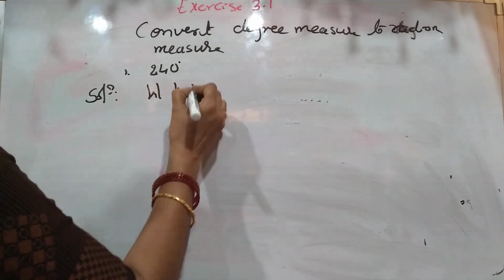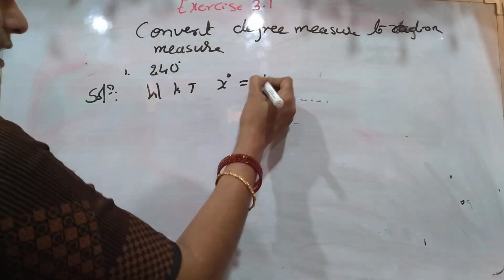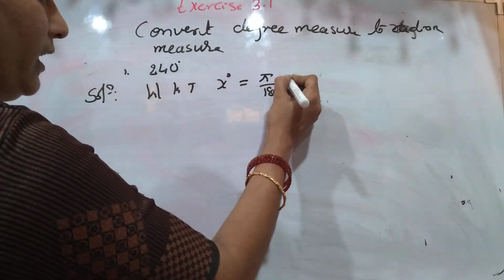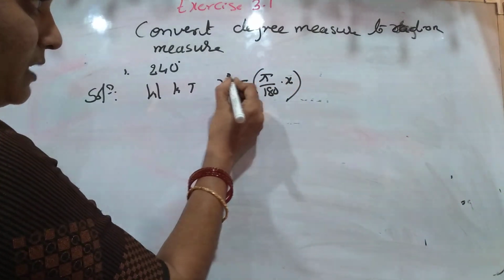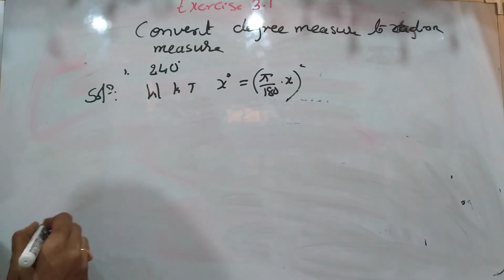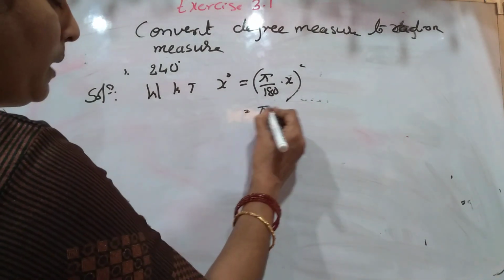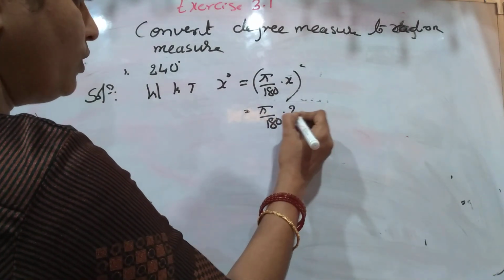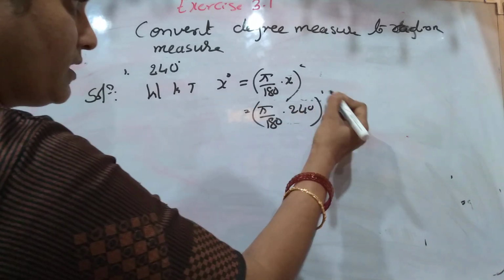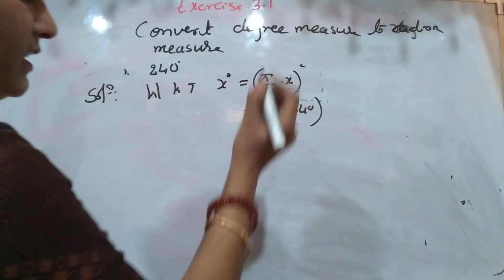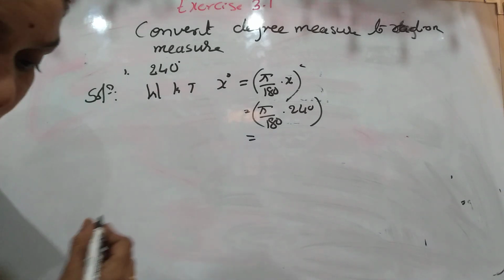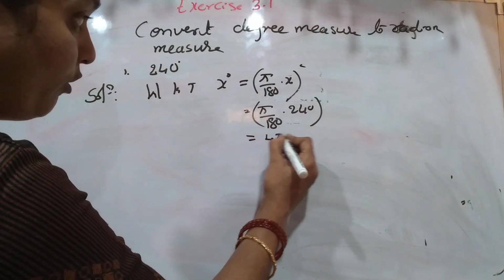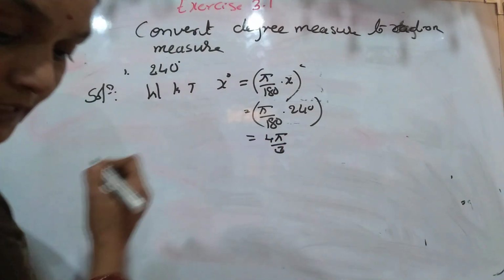So I will use the formula. We know that x degrees is pi upon 180 into x. When you multiply this degree measure by pi by 180, the answer comes out to be in radians. Pi upon 180 into 240, radians, or you can omit the symbol radians. Then we'll cancel the terms and write it as 4 pi upon 3.